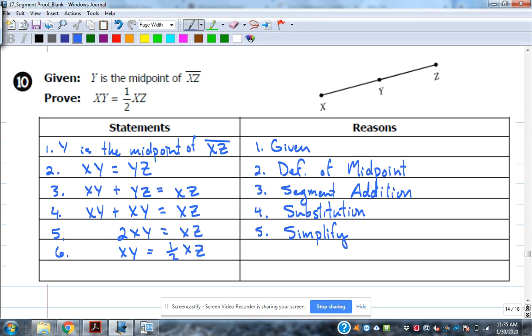Yeah. And that would be division. Is it? What's the proof statement say? That's exactly what we got written here. So that's it.